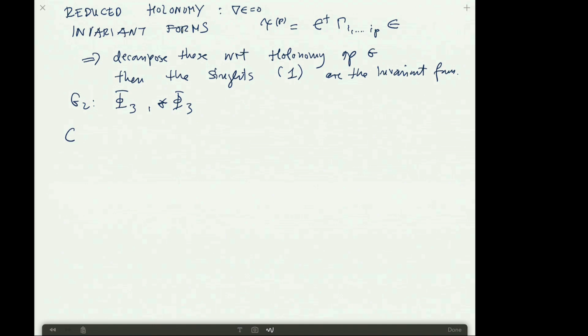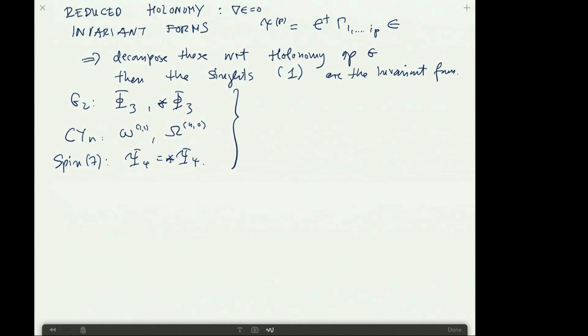For the Calabi-Yau cases, this is the Kahler form omega, the (1,1) form, and the holomorphic (n,0) form for Calabi-Yau n-folds. For Spin(7), if we do that kind of thing, then this is a 4-form that's self-dual. And one key property of all these things is that they actually define what's called calibrated subspaces. And that'll be important later on for looking at branes.